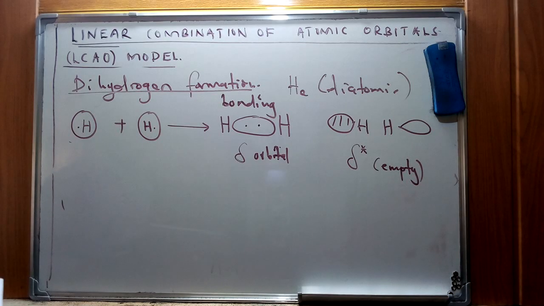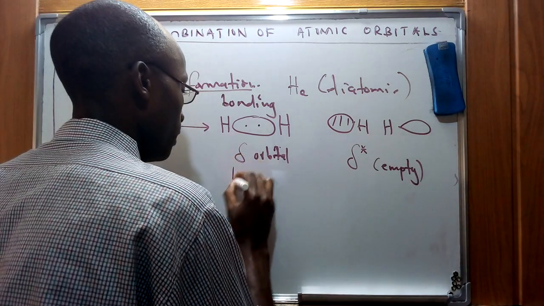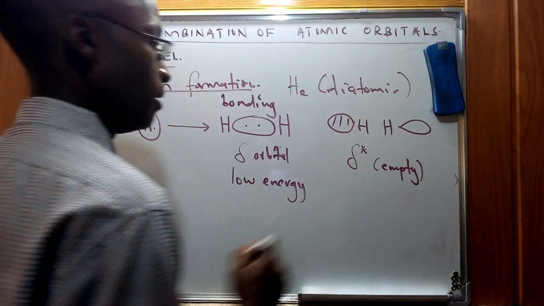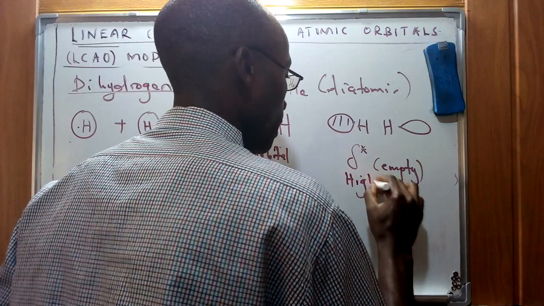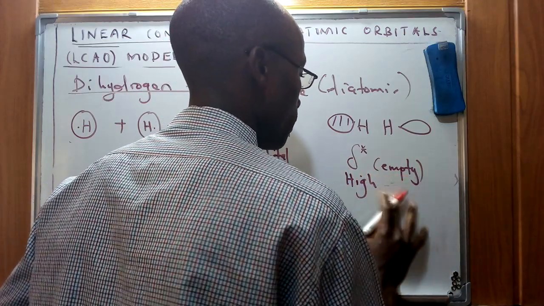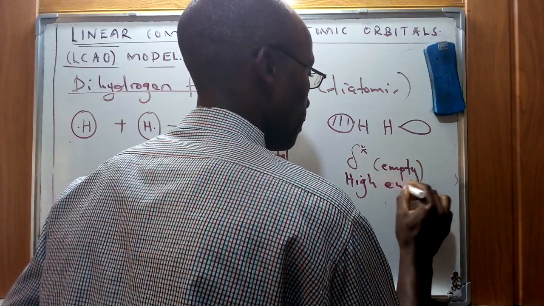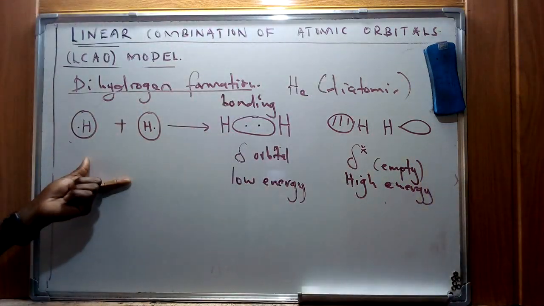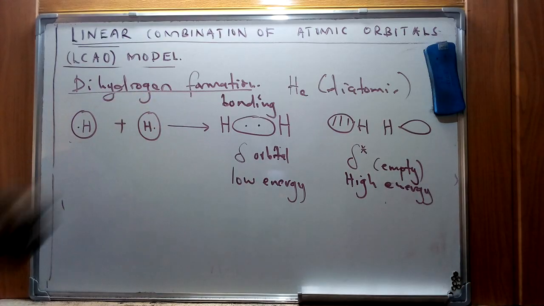Now, one of the characteristics of this is that the bonding orbital is displayed in a low energy position on the energy level diagram, and this is the high energy position for this particular anti-bonding orbital. So this is a way in which we can visualize the hydrogen formation for the bonding and antibonding.